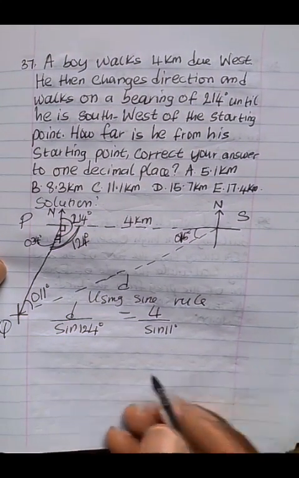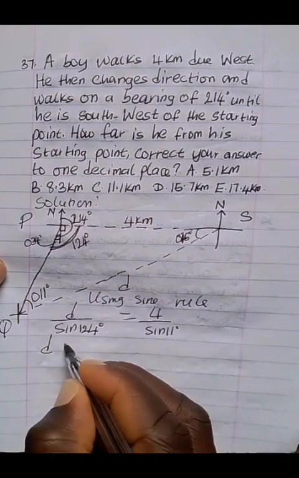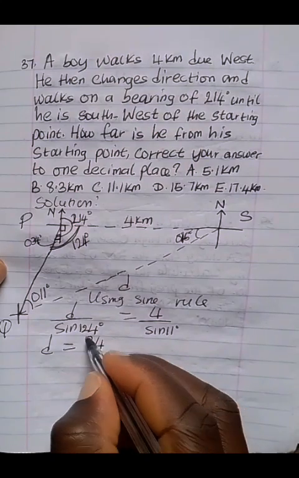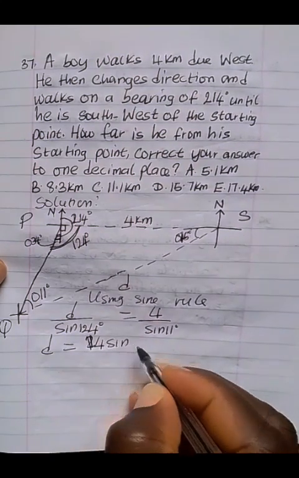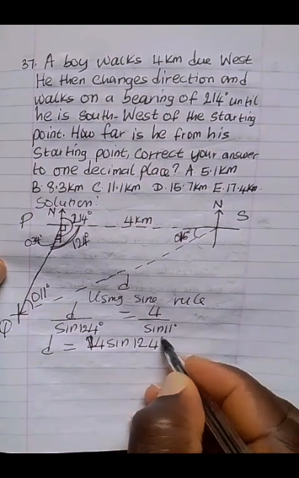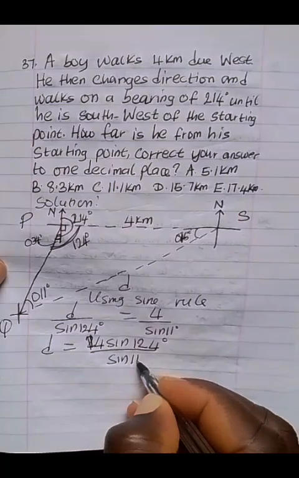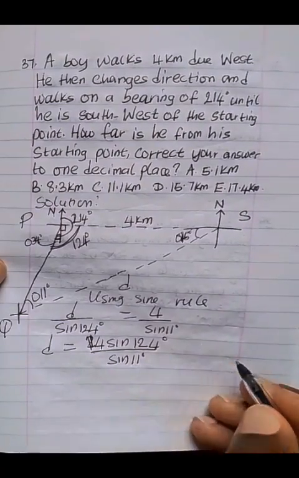If you make D the subject, D is equal to 4 times sine 124 degrees all over sine 11 degrees.